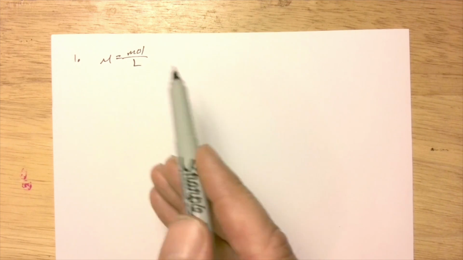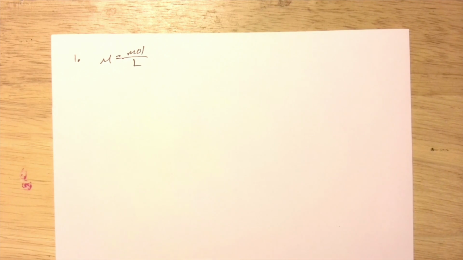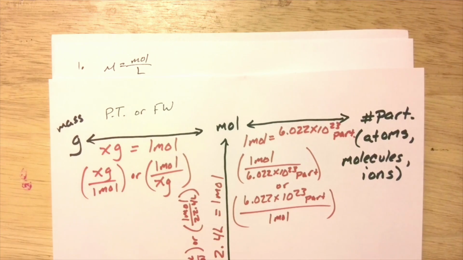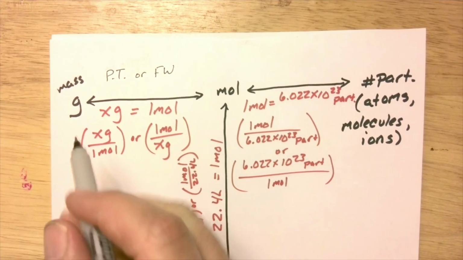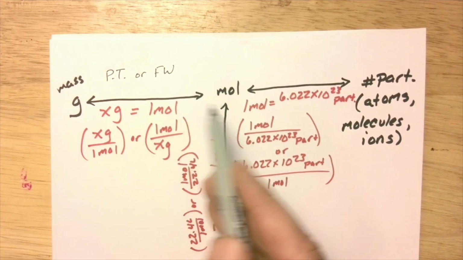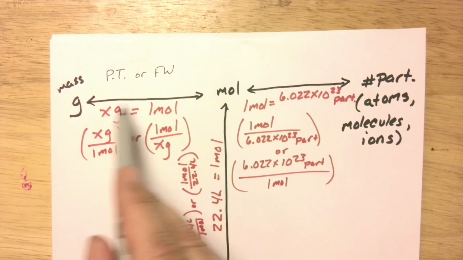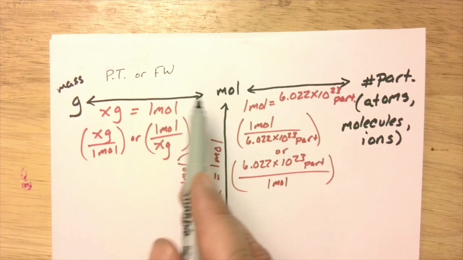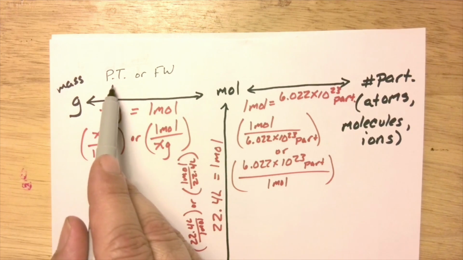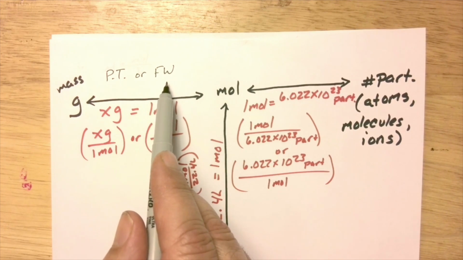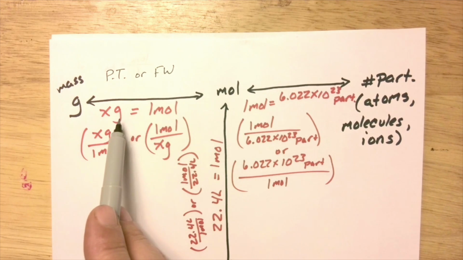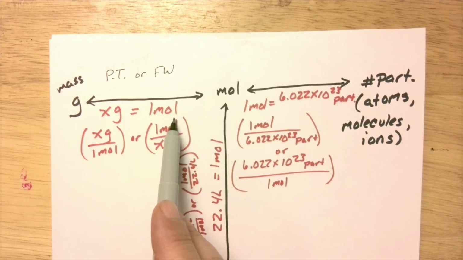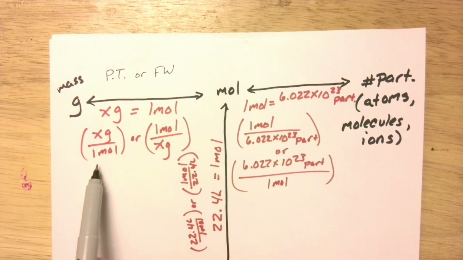All right. Now, one thing that is going to be helpful is looking back at this flow chart. Remember this? Where we had grams to moles, moles to grams. We're going to be using that from time to time. Just a reminder, whenever we're going from grams to moles or moles to grams, we either have to use a periodic table or the formula weight. The values you end up getting, your conversion units, are X number of grams is equal to 1 mole, which allows you to put either grams over mole or mole over grams.